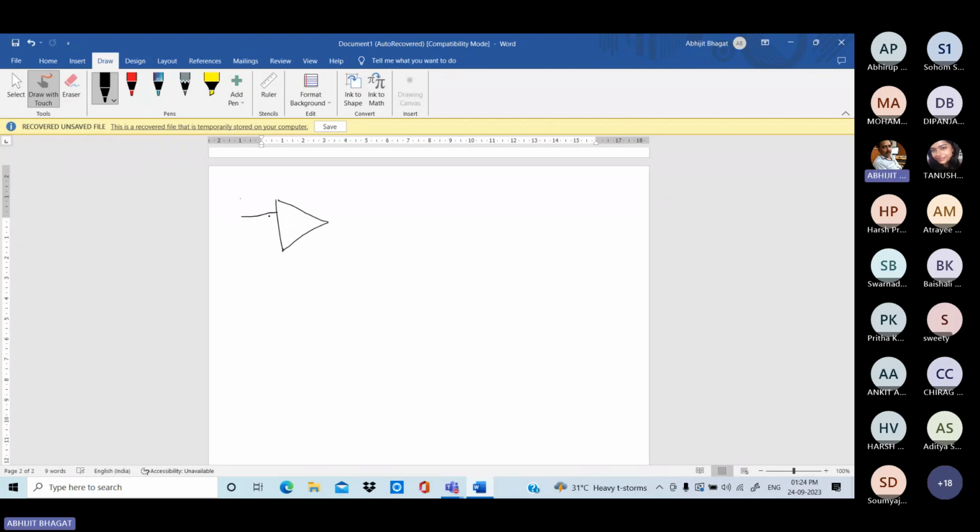Two input terminals are there: one is the minus terminal and the other is the plus terminal, the inverting terminal and the non-inverting terminal. This is the input impedance Ri, and this is the output side impedance R0. This is your V0.